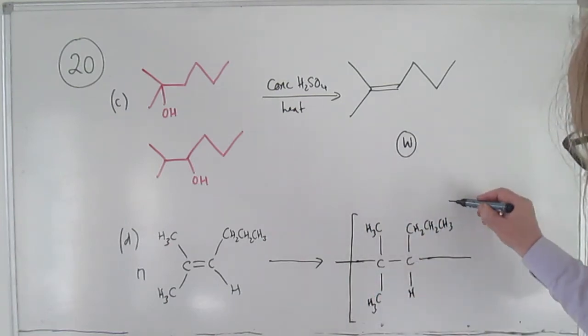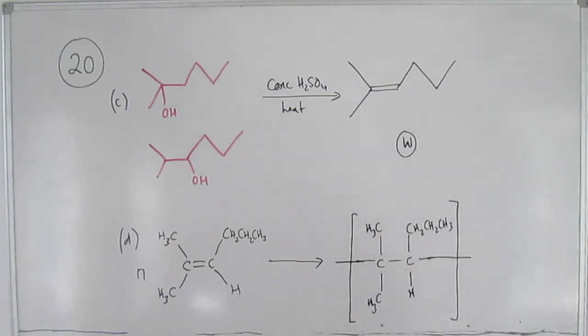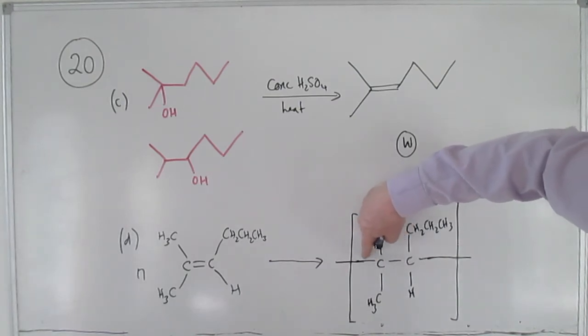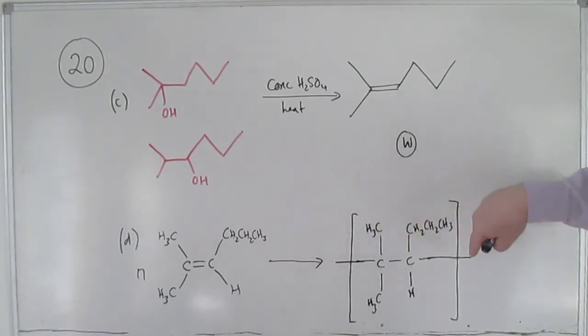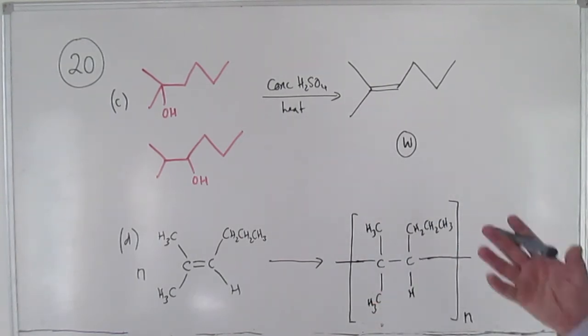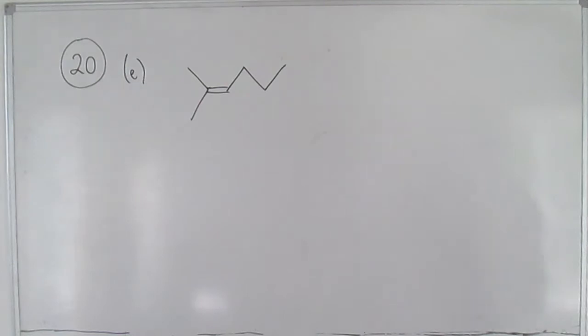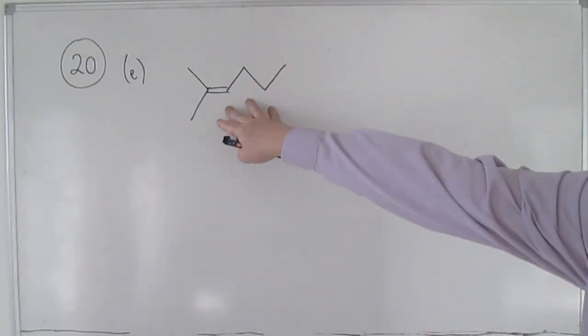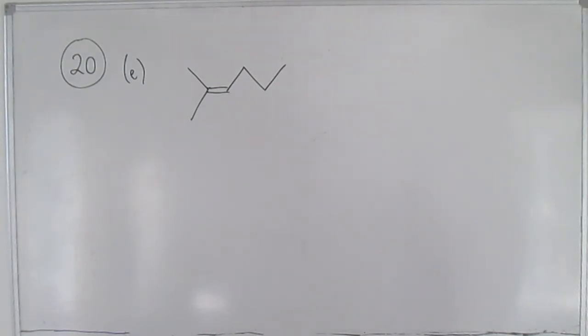So you draw these square brackets around it, and remember the brackets must slice right through the middle of these linking covalent bonds when you draw it, and that's going to be repeated n times. So you put the n down there, and that's it. It's an addition reaction, so there's no other product. That's your equation.